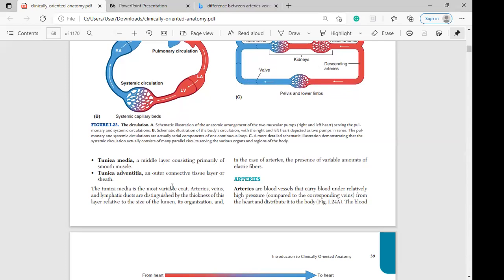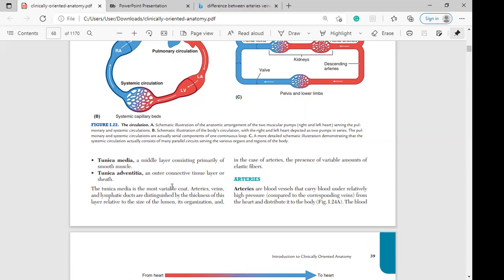But for the arteries and the veins, the main difference between them is the tunica media, because both have the 3 tunics. Why does the artery have a thicker wall than the vein? It is because of the tunica media, because the tunica media is what differentiates the arteries from the veins.